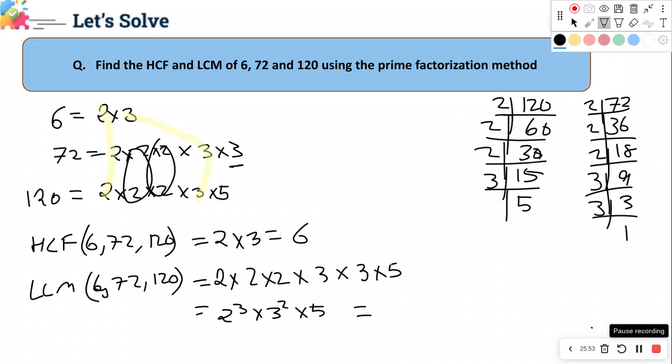That gives you what? 8 into 9 into 5. That gives you 360. So your LCM is 360, HCF is 6.